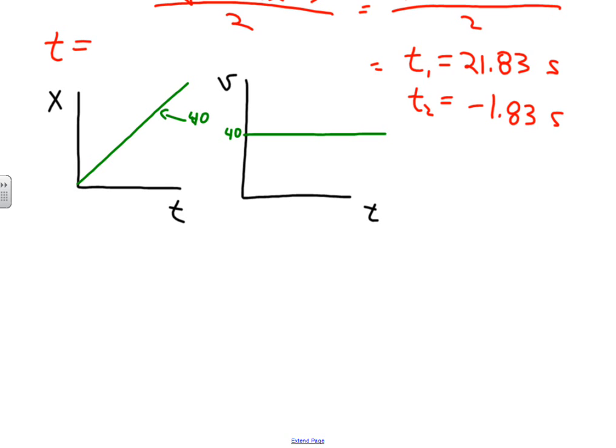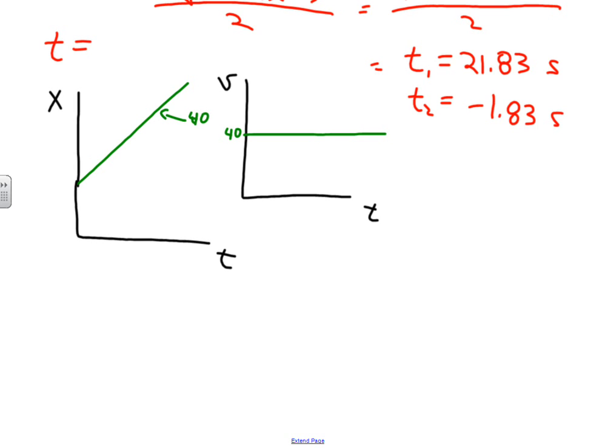Okay? And what about that picture? Is it correct? Is it accurate? No, I forgot something. I probably should have put on here at t equals 0. At t equals 0, where is the speeder?